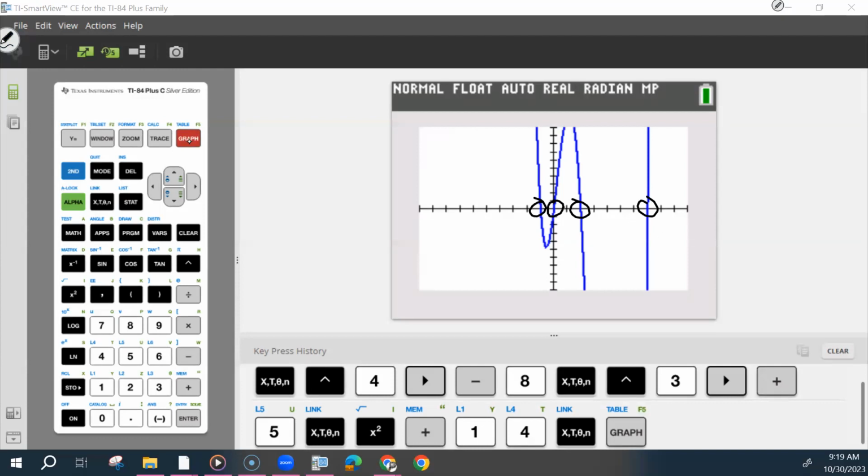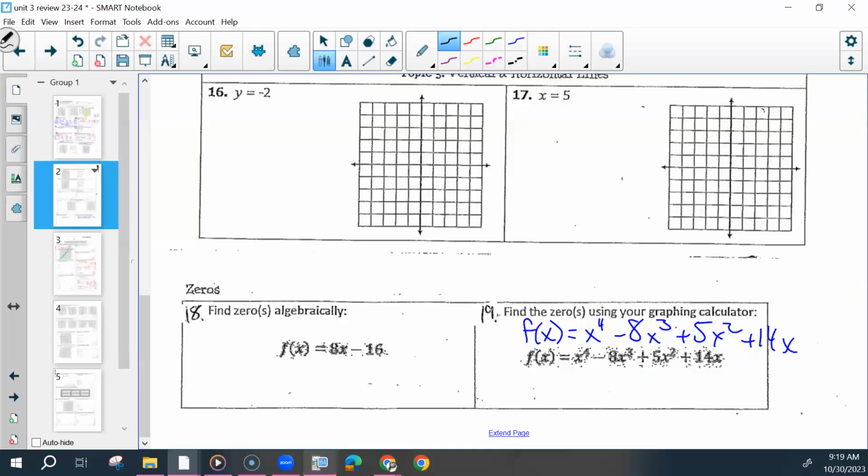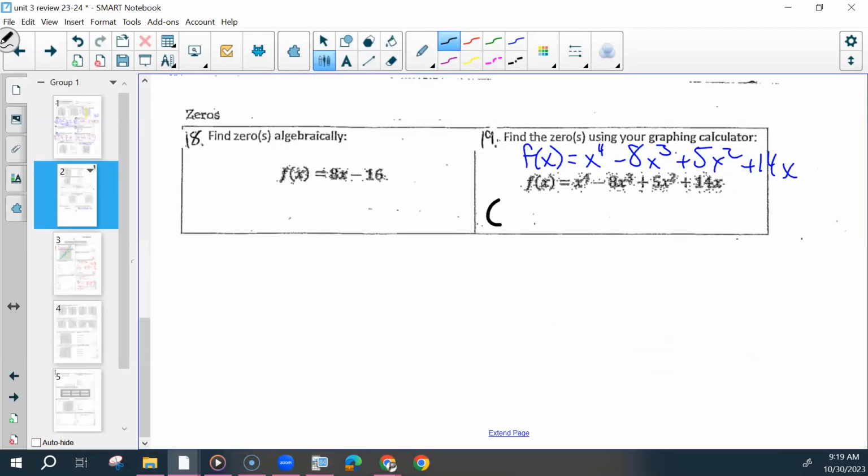And we would write those as ordered pairs. Any others from that page, 14, 15, or 18?